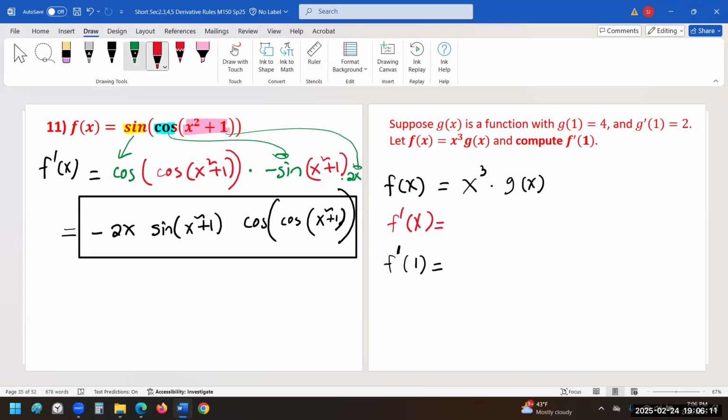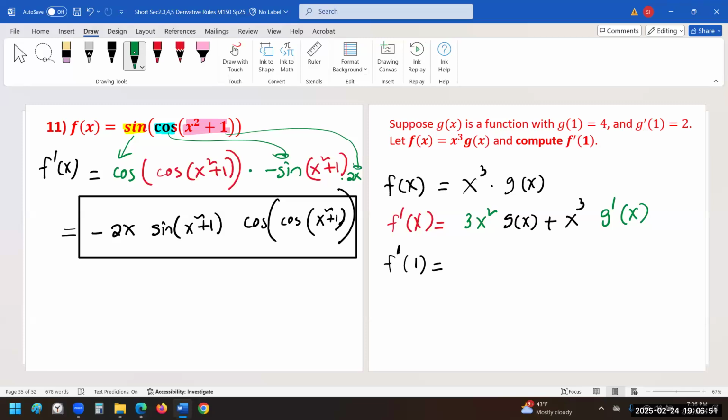So what's the product rule? 3x squared times g of x. Great. Ellen, is this what you have? Same thing? Even though they did not tell us what is g function, but since we are so smart, we know derivative of g of x is simply g prime of x. It could be any function. We don't care. The main idea is derivative of g is g prime.